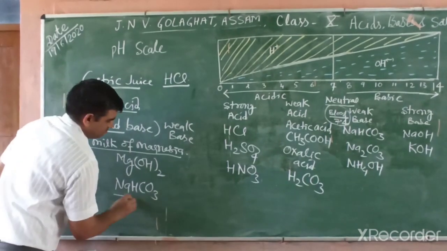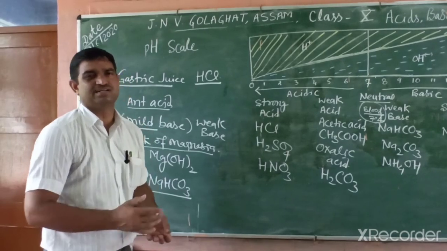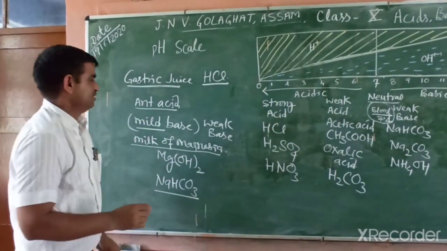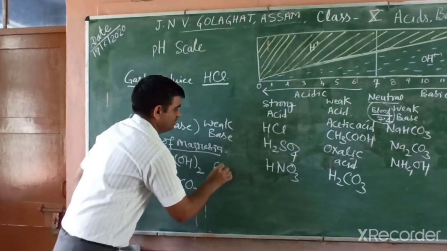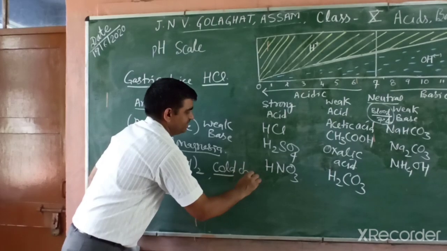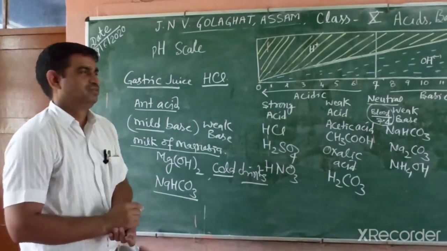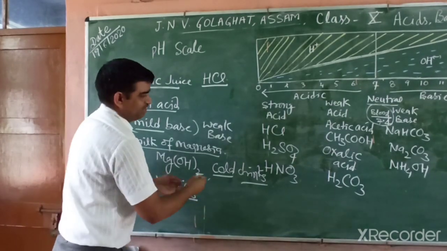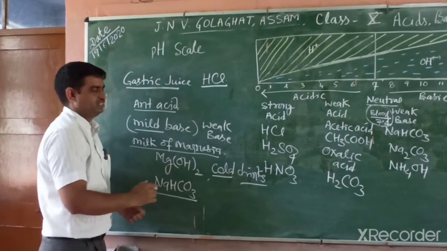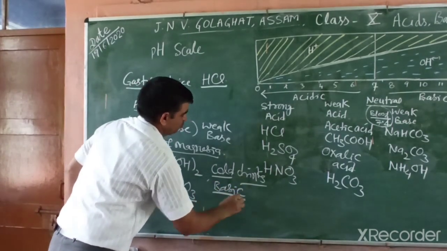And sometimes we see in the ad on our TV, ENO. In that ENO, these chemicals are present. In cold drinks, sometimes we use them to remove acidity. Cold drinks are basic solutions, because carbon dioxide gas is filled in them, and so that removes the acidity. Means they are slightly basic solutions.